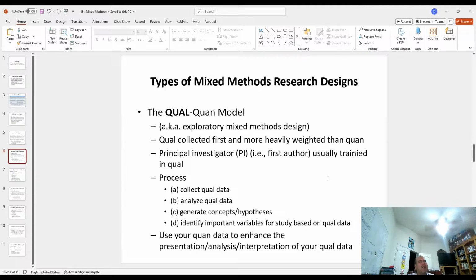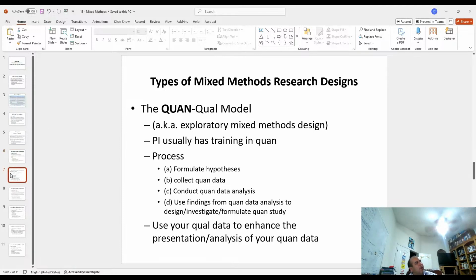So quantitative is really there just to help enhance, beautify, the qualitative data. Really, the qualitative data is king in this model. Okay. The second model is the qual model.